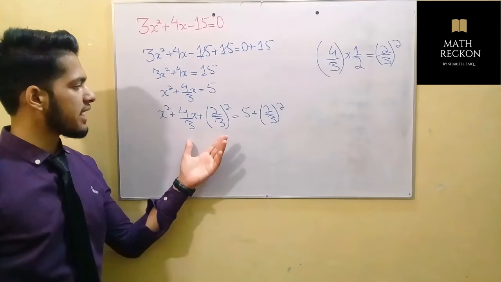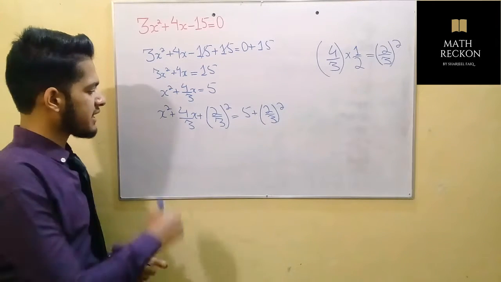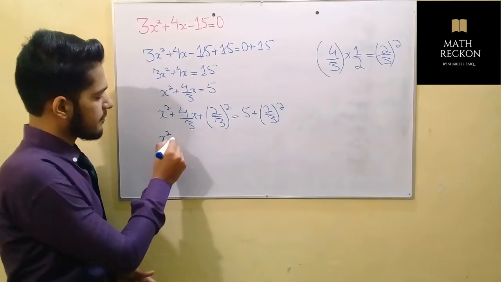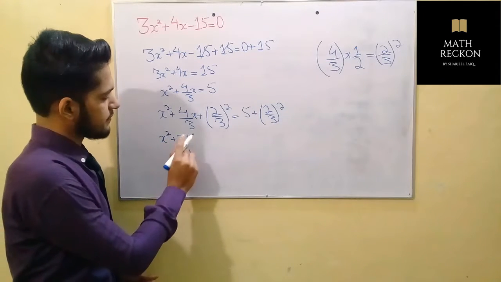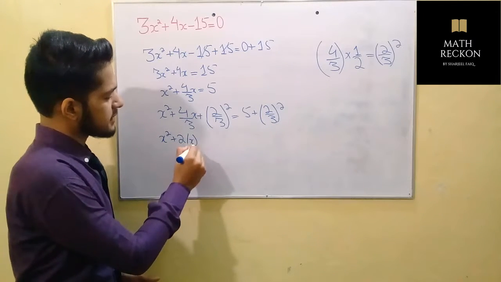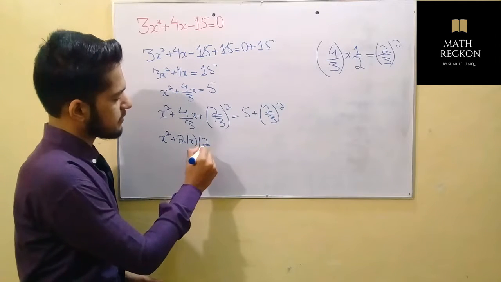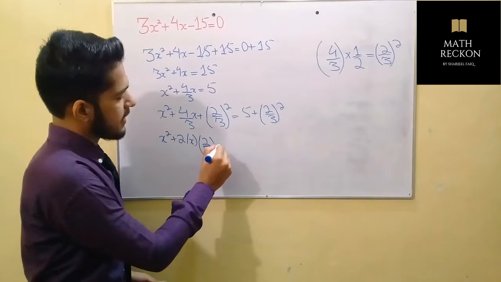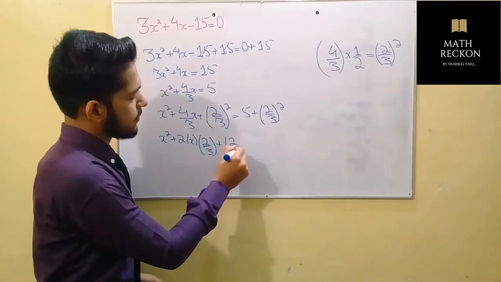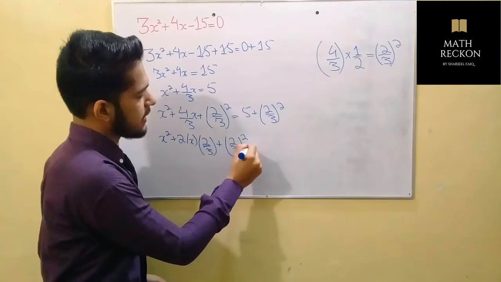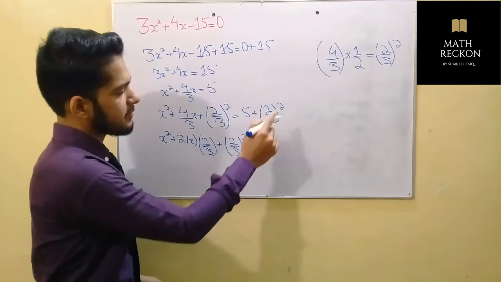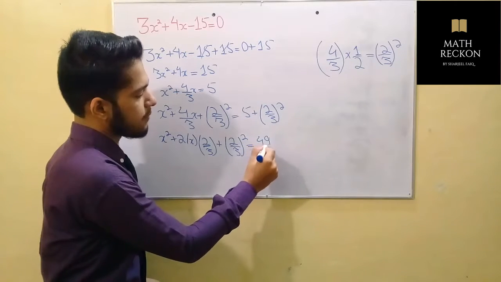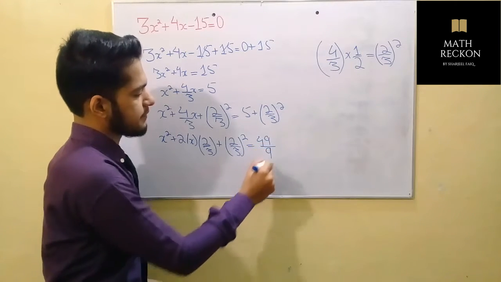Now we have these three terms which can be written as x square plus 2 times x times 2 upon 3 plus 2 upon 3 the whole square equals, these two terms can be written like 49 upon 9.